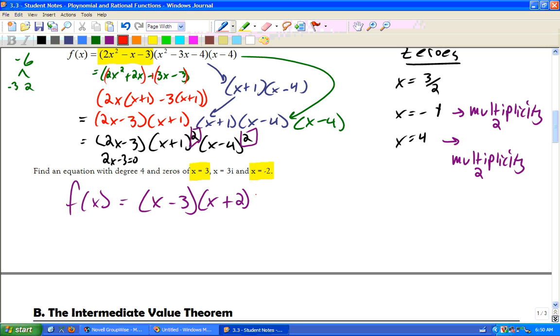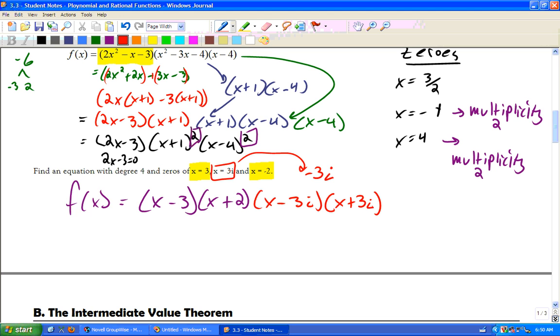We can do the same thing with x equals 3i, so x minus 3i.